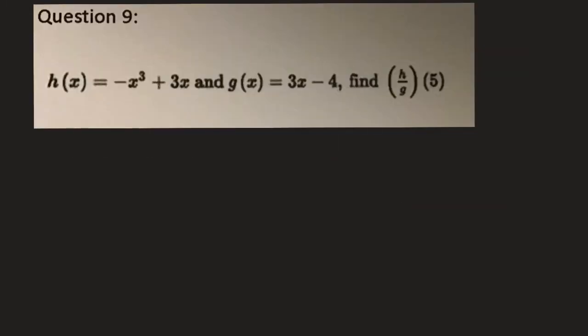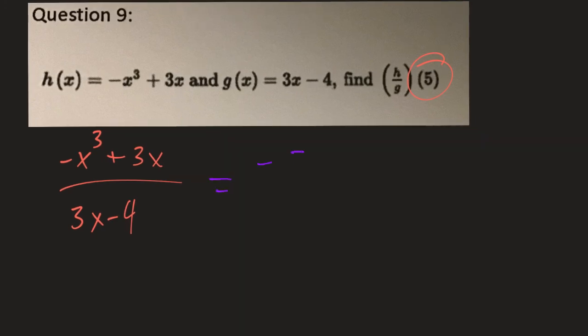All right, question 9. We've got a division problem using function composition. So here we go. Let's combine these together first. So h divided by g, we've got -x cubed plus 3x over 3x minus 4. And we want this of 5, so we're just going to plug 5 in for our numbers here. Let's see what we've got.